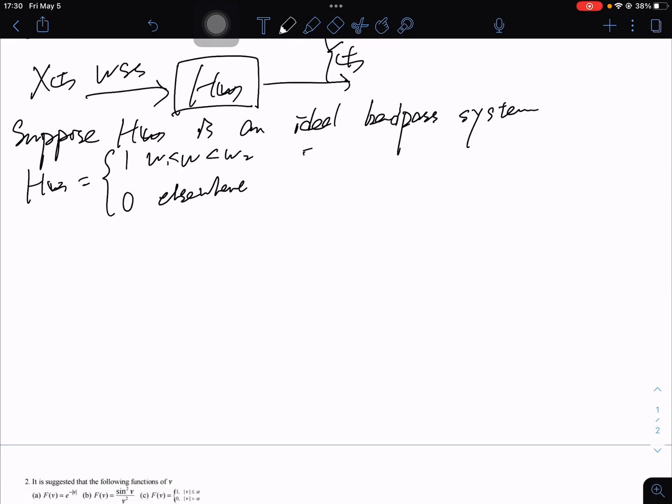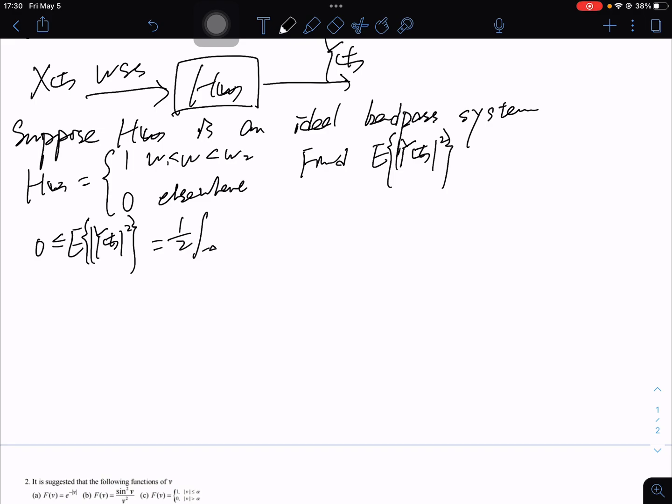Let's find E[y(t) squared]. First, E[y(t) squared] is larger than or equal to 0, and it is equal to 1 over 2 pi times the integration of |H(omega)| squared S_xx(omega) d omega.